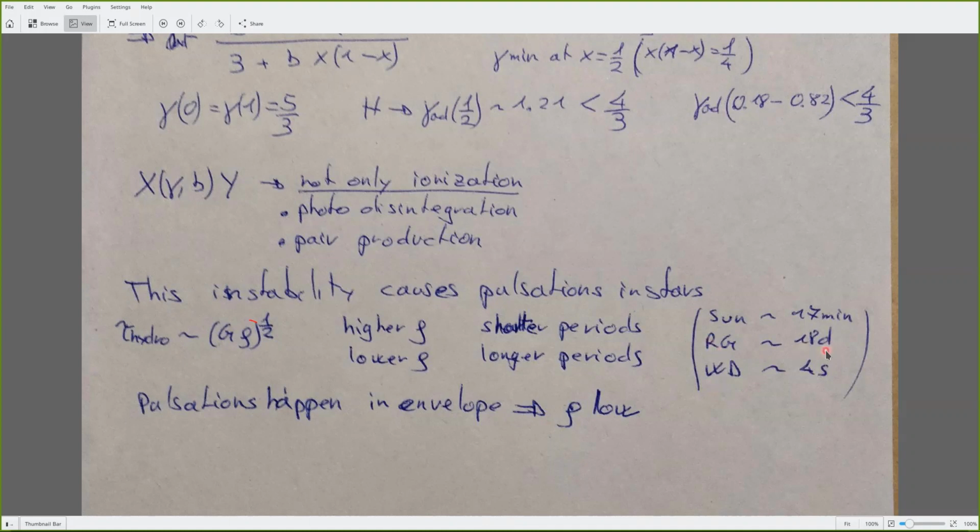Or if you go to the Mira, they are red supergiants, with a period also of several years, 1,000 days. Or you see in the instability strip, they are going to the white dwarfs, they are really compact, really dense. There, the pulsations present in the white dwarfs are on the order of 4 seconds.